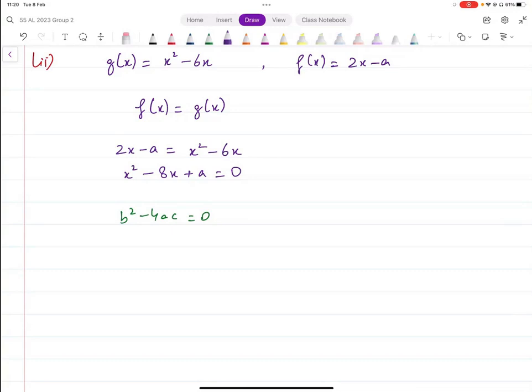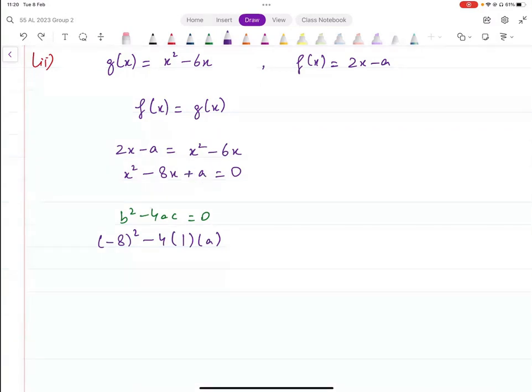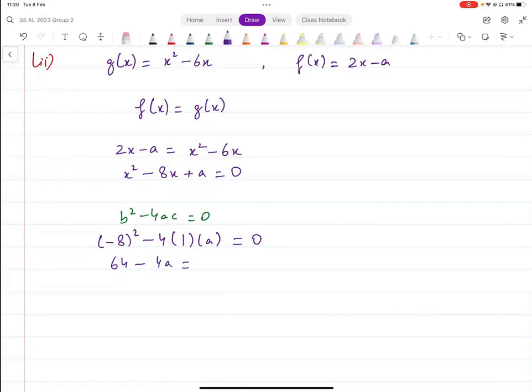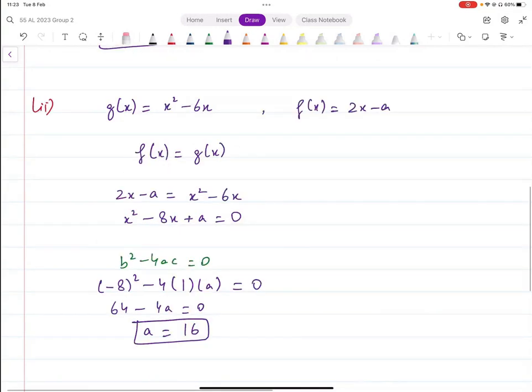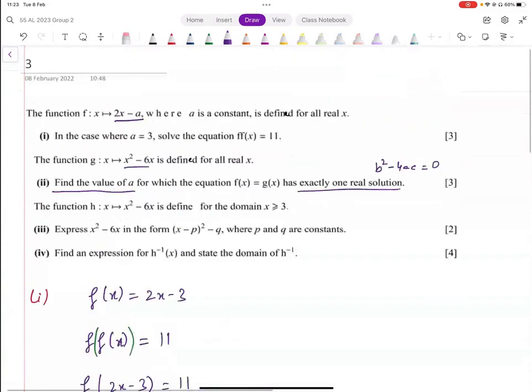So minus 8 whole squared, that's b squared, minus 4 into a, which is 1, into c, which is actually a here, equals 0. Simplify this, we get 64 minus 4a equals 0, and a turns out to be 16. So the value of a that we were looking for is 16. That's the second part.